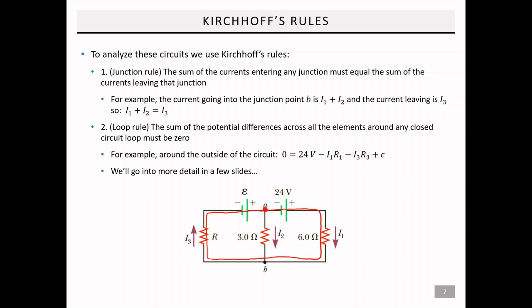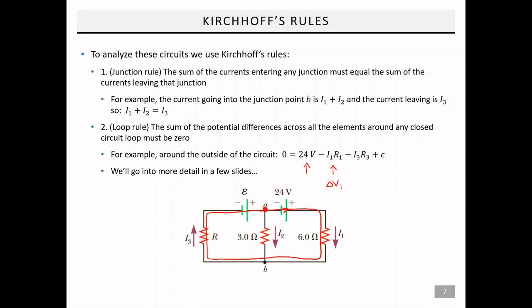And then I'm going to walk around that loop and see what happens to the electric potential as I walk around. So starting at A, the first thing I do is cross over a battery. This is going to increase my potential by 24 volts. When I walk across this resistor, I'm going to decrease my potential by delta V1.